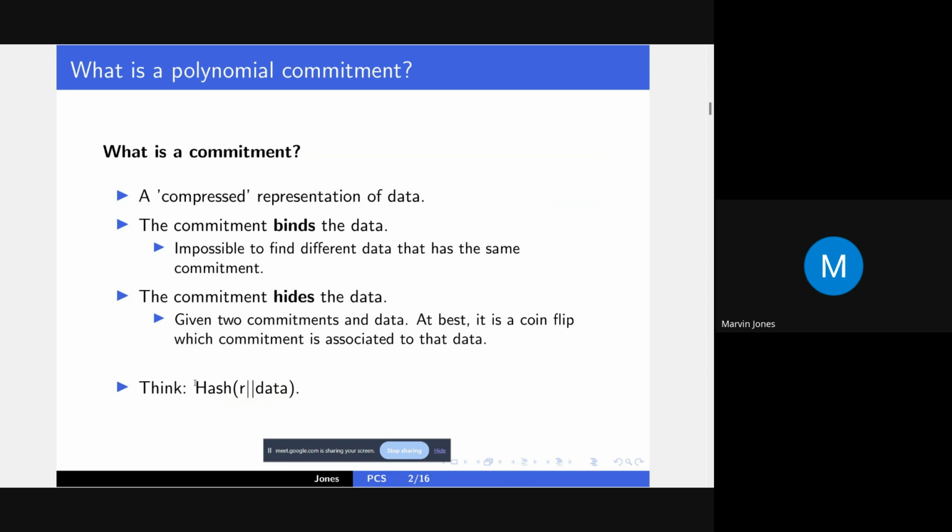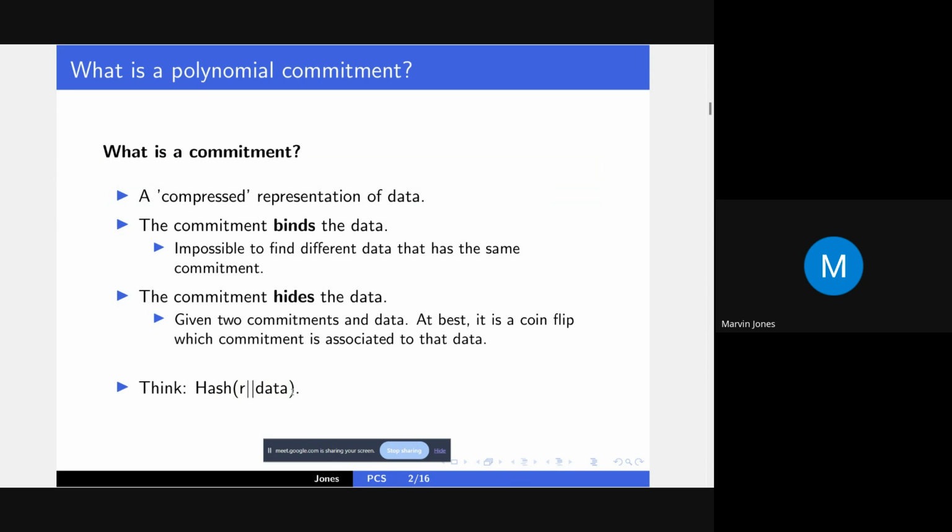This illustrates that if I have this piece of data, I could generate multiple commitments for the same data by changing this R, but I wouldn't be able to easily find another one where if I change data to data one, they would match, be equal. So that's the idea.